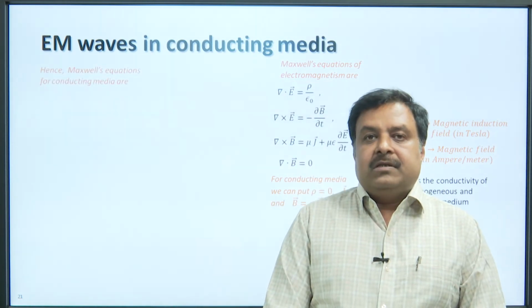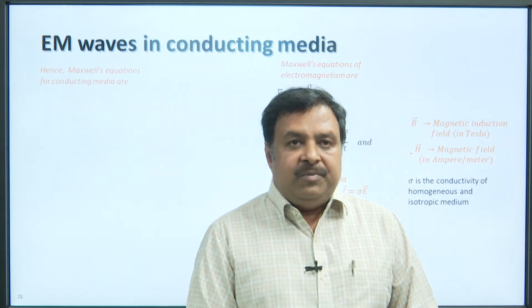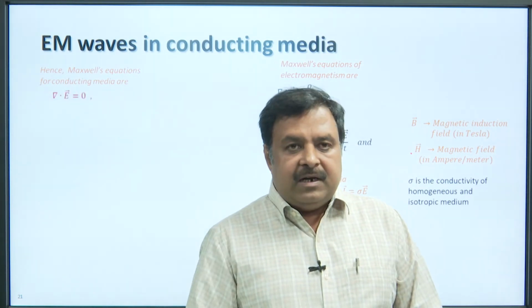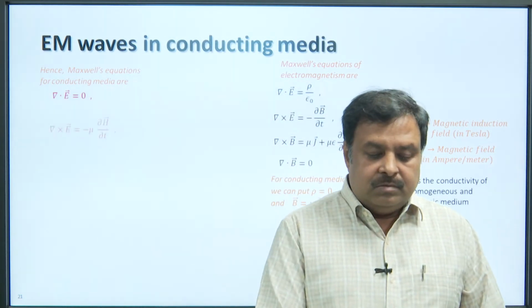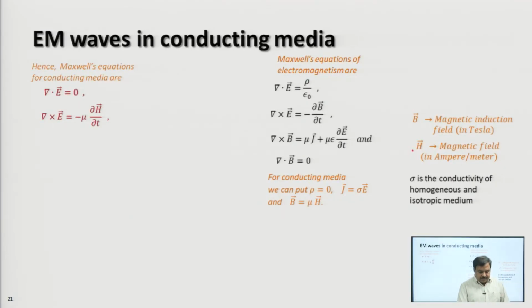So, with these substitutions, Maxwell's equations for conducting media become: 1, del dot E equal to 0, and del cross E equal to minus mu delta H by delta t, and del cross H equal to sigma E. J, we have substituted sigma E for J. So, del cross H equal to sigma E plus epsilon delta E by delta t, and divergence of magnetic field equal to 0.